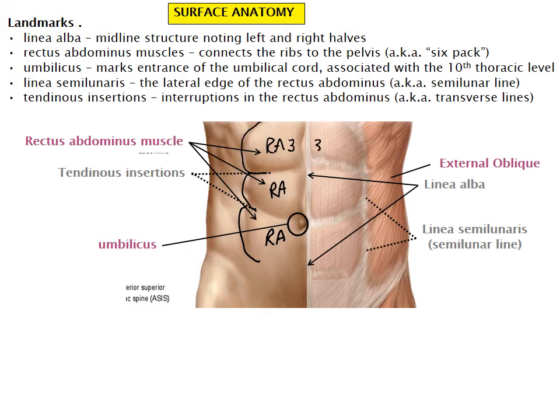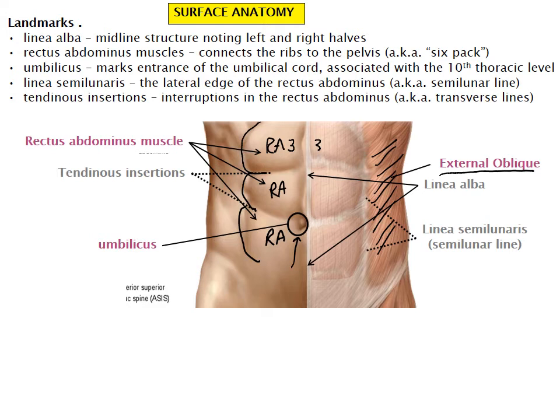And then laterally, we're going to see some other musculature that we're going to be focusing on in the next couple slides. So superficially, we can see muscle fibers running in this direction, which is your external oblique muscles. And of course, superficially, we can also make out the umbilicus.